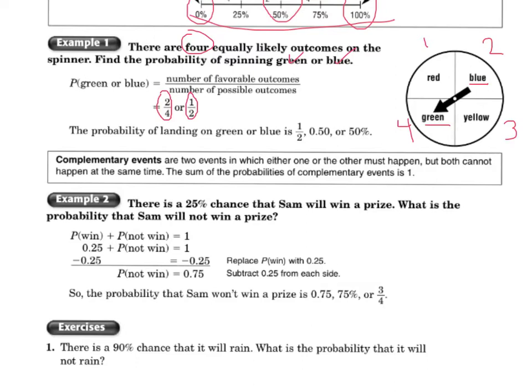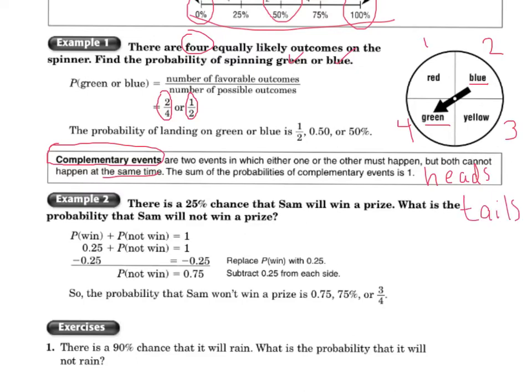Okay, the next vocabulary word, this is going to be important, you're going to see this a lot, is complementary events. Complementary events are 2 events in which either one or the other must happen, but both cannot happen at the same time. The sum of the probabilities of complementary events is 1. So if you toss a coin and you land on heads, the complement to that is the other one, tails.